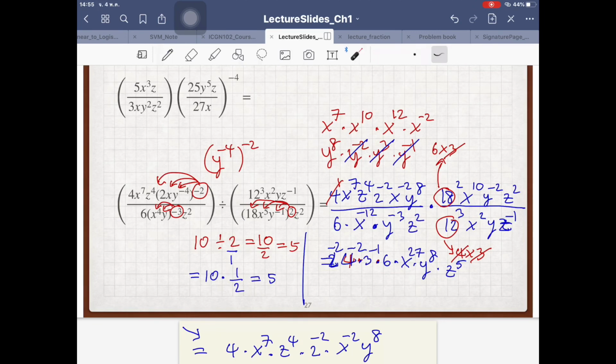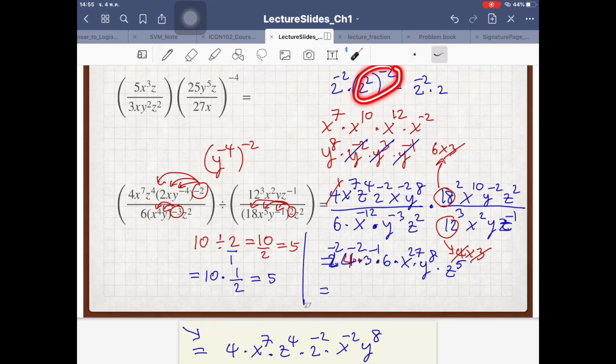And then later on, you can combine these two terms together. So what is it? Here you can make 4 to be 2 squared. So actually you have 2 to the power minus 2, and 2 squared to the power minus 2 again.